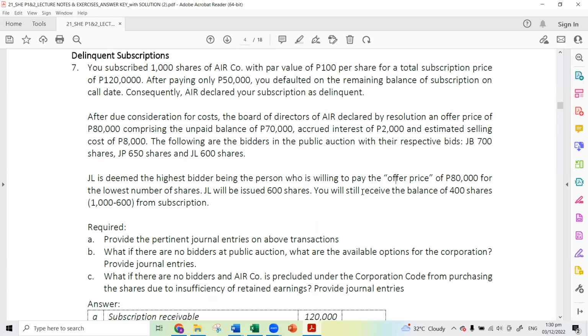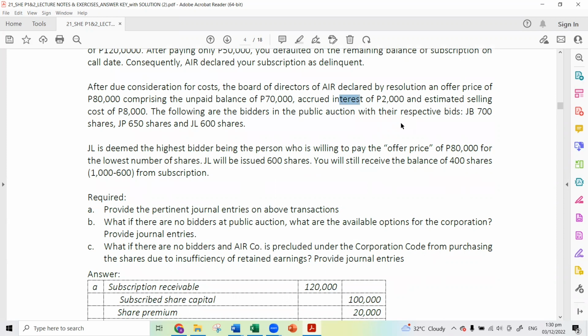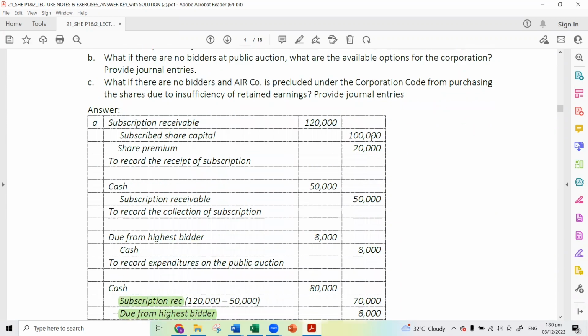The offer price comprises your unpaid balance, the interest that accrued, and the public auction expenses, such as your advertising and selling cost. It is all here, comprising the unpaid balance, interest, and the selling cost, the public auction expenses.